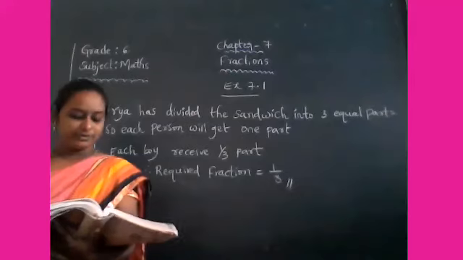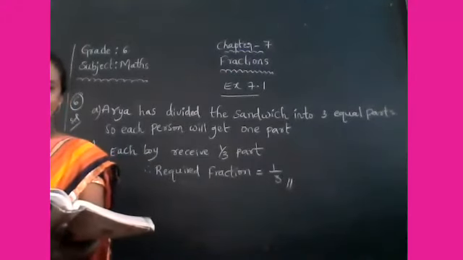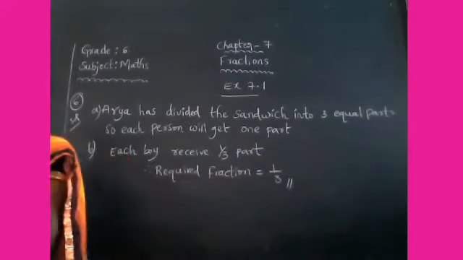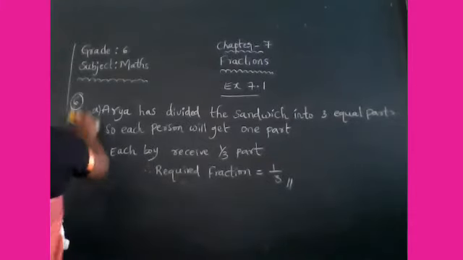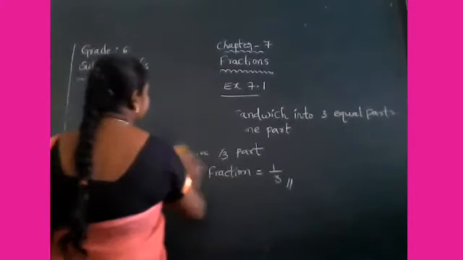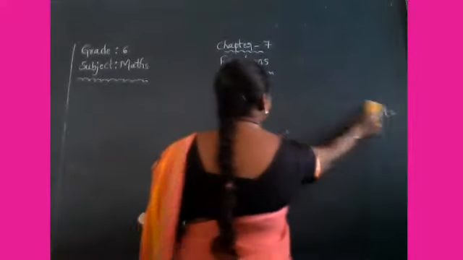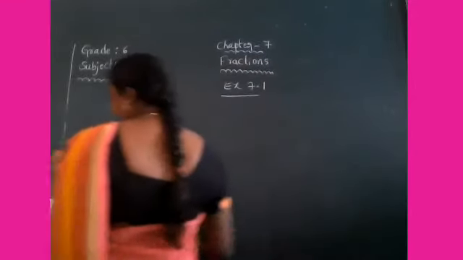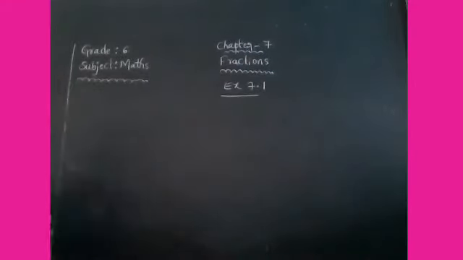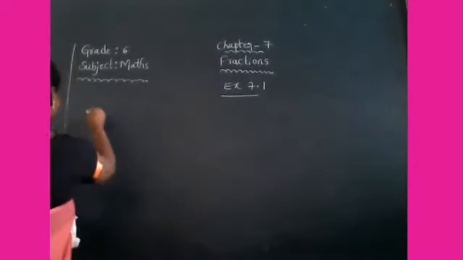Can you do this one as homework? I will explain it. First of all, how to write this in the form of steps? First, read the question carefully, then only you can write the steps neatly.